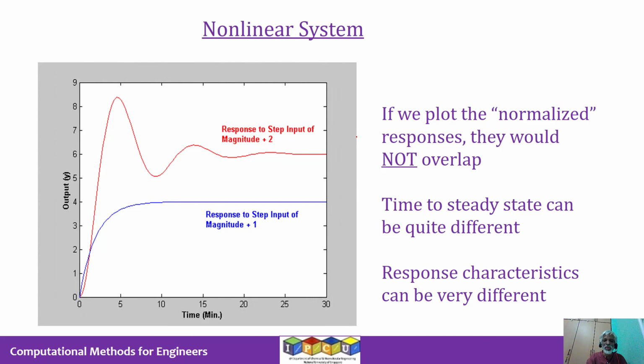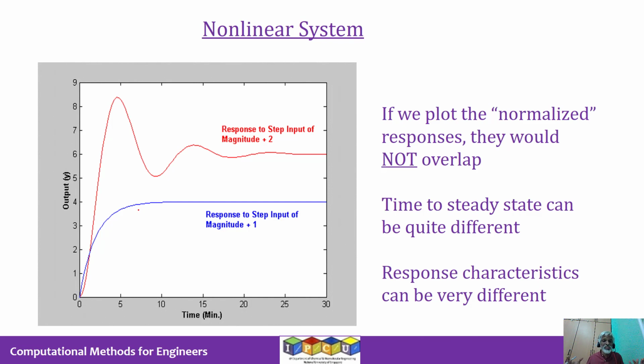If you make a change of +1 unit in U, the input, it responds like what you see as the blue curve there. If you change the input by +2 units, the system becomes oscillatory, as you can see there. So qualitatively, the nature of the response can be different if it is a nonlinear system.